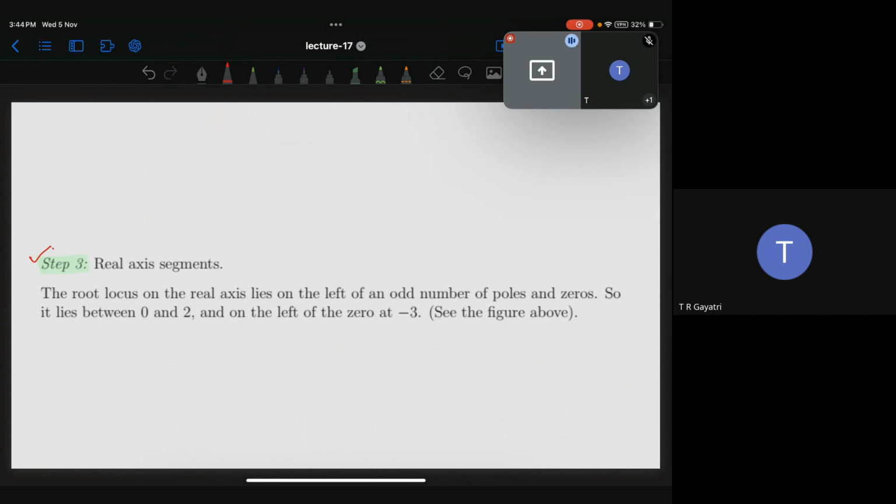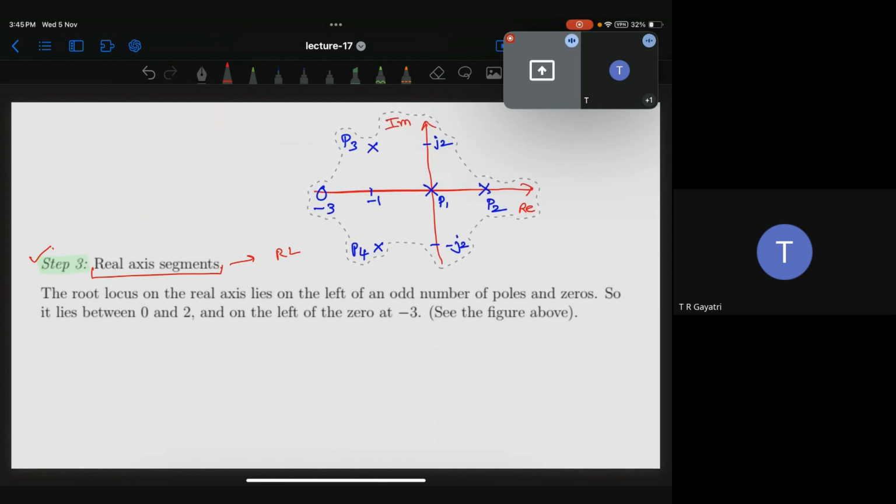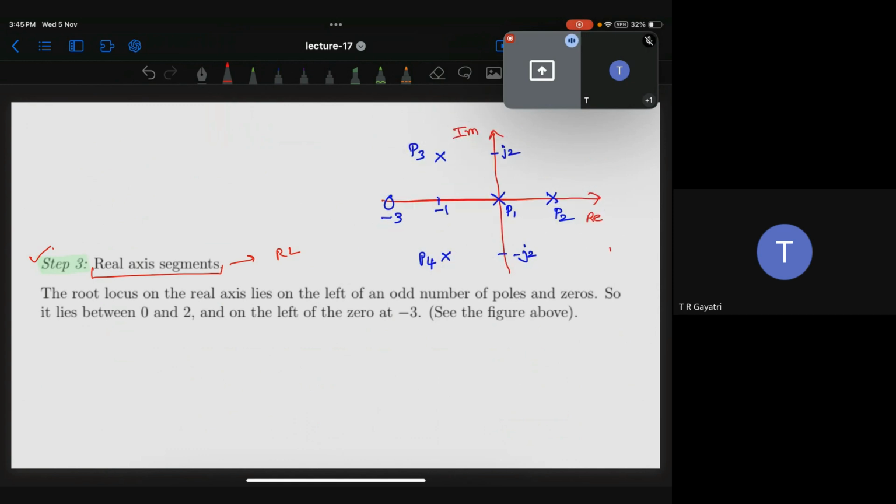Next, step 3. We'll find the real axis segments of the root locus that we have seen already. Let me show you again. To do this, we start from here. Suppose here, on the right side, how many do we have? 1.